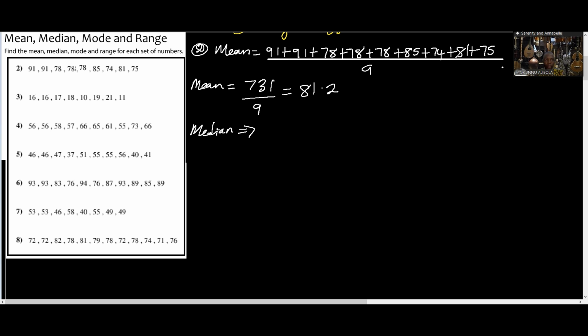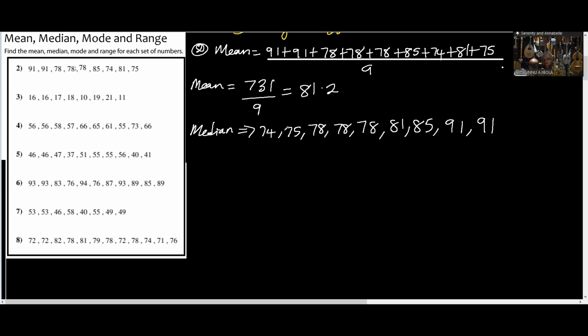So the smallest number is, if I get it right, 74, followed by 75, followed by 78, and the 78, and the 78, and followed by 81, then 85, then 91 and 91.